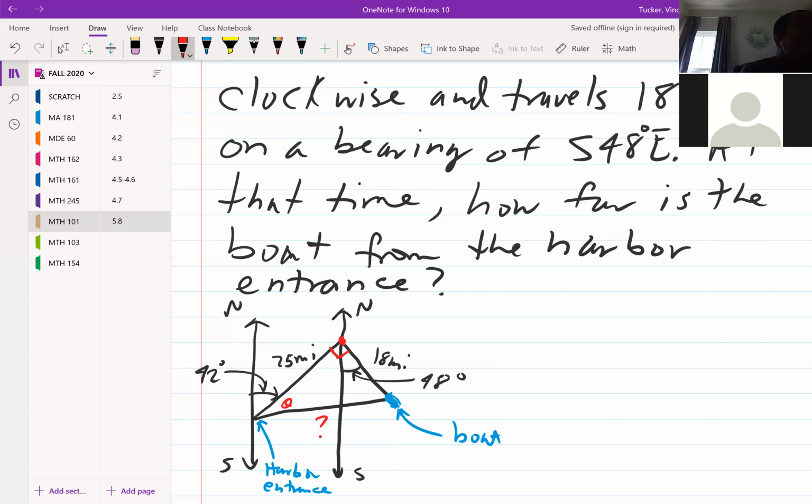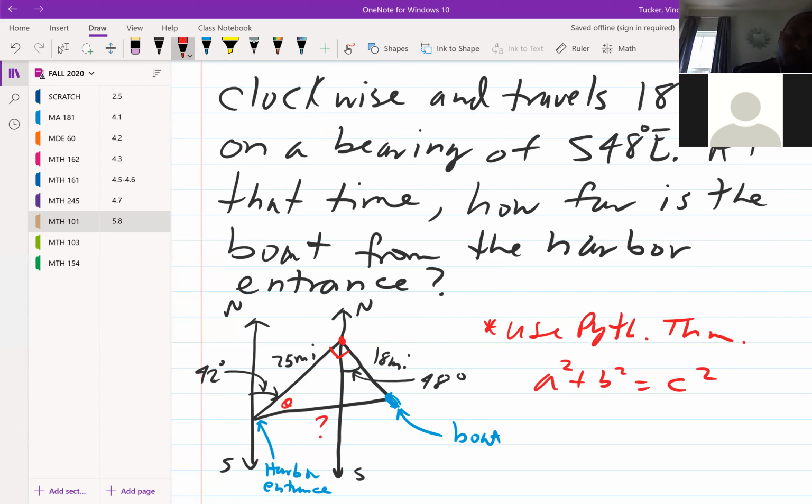Since we have a 90-degree angle, that gives us a right triangle, so we can use the Pythagorean theorem. A squared plus b squared equals c squared. Of course, a and b don't matter, they're interchangeable, but c is the one that's opposite your 90 degrees.